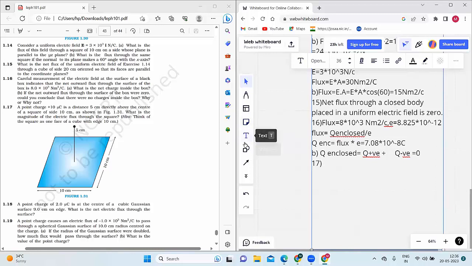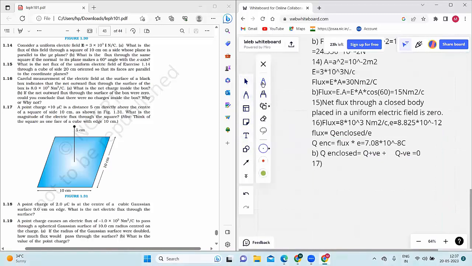Similarly, if we imagine a cube enclosing the charge at its center, then the flux linked by every face will be equal, as the charge is equidistant from all the faces.